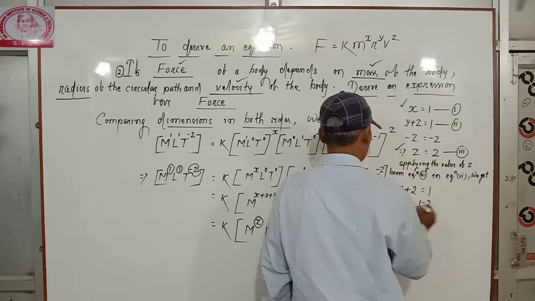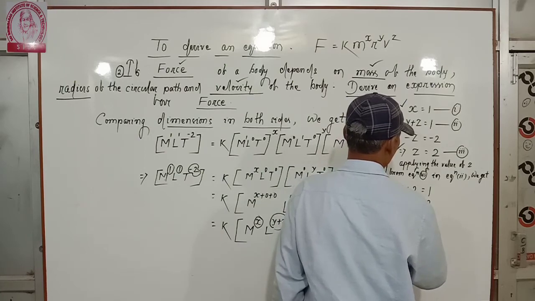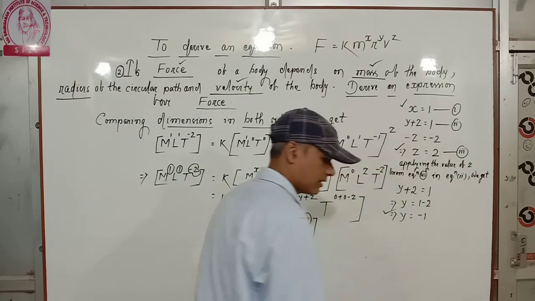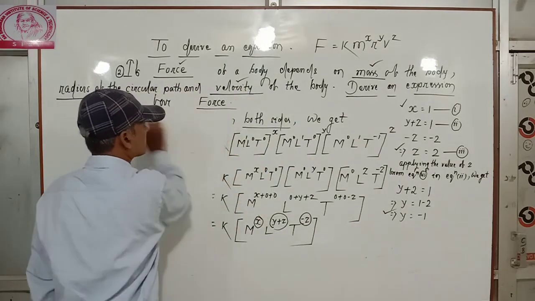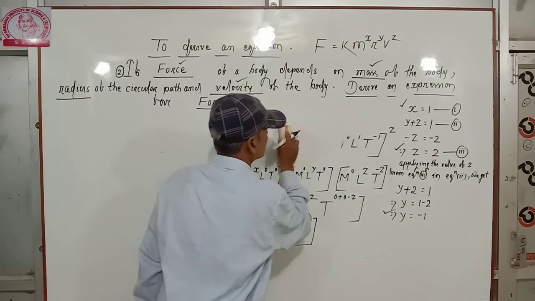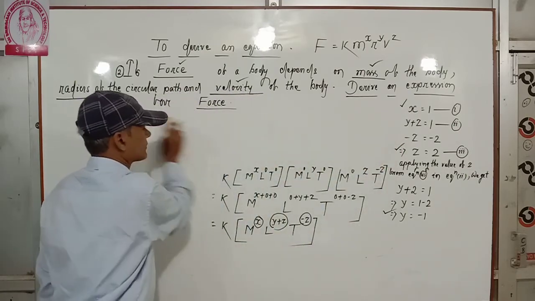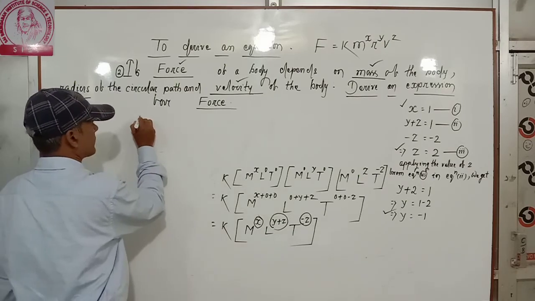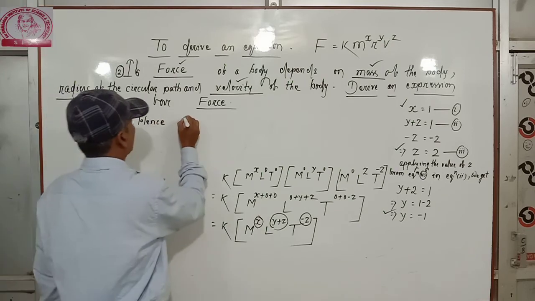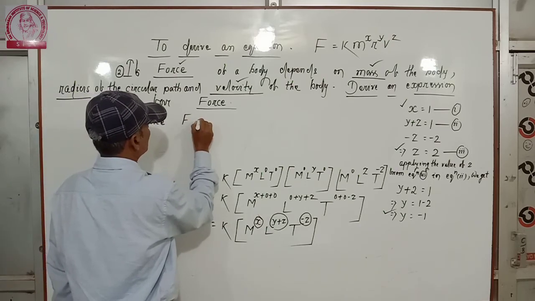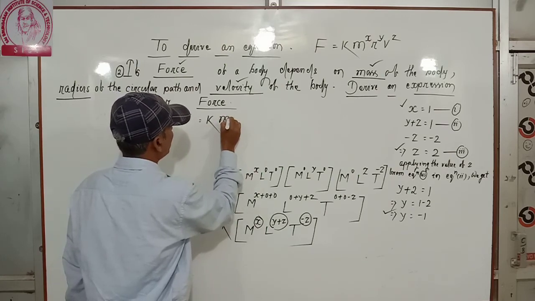So now we came to know the value of y. So now we can write the equation easily. Hence F is equal to k into M to the power x.